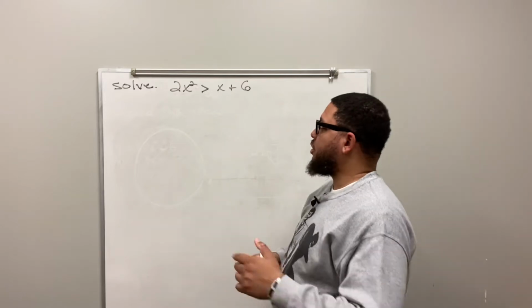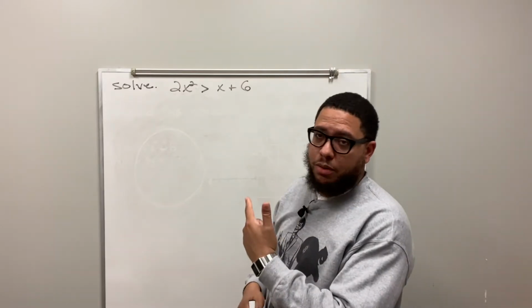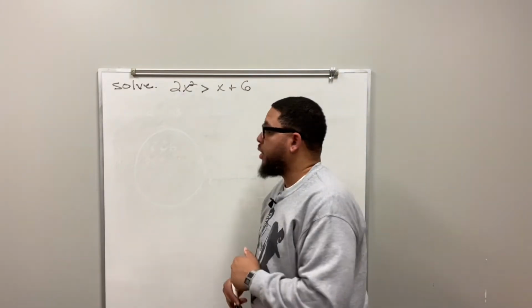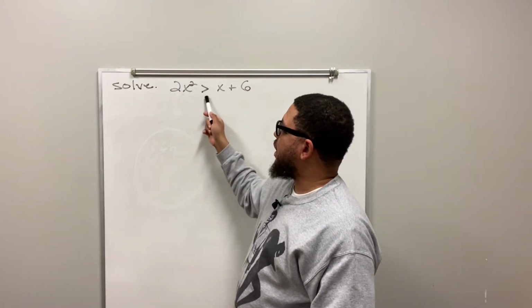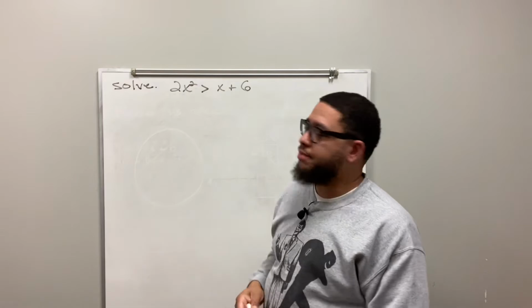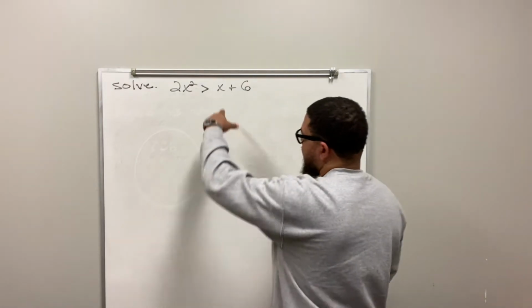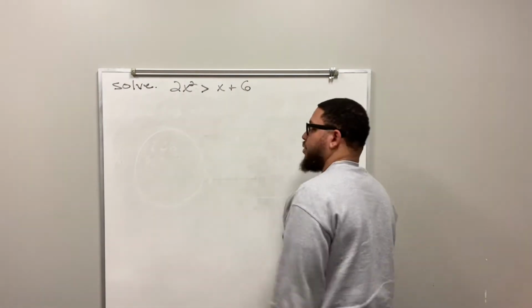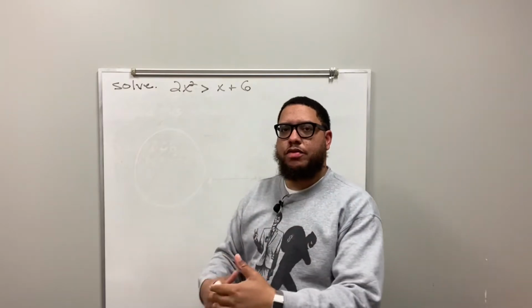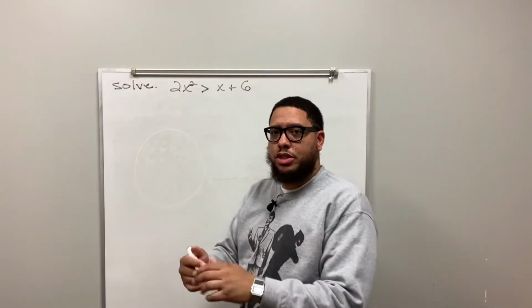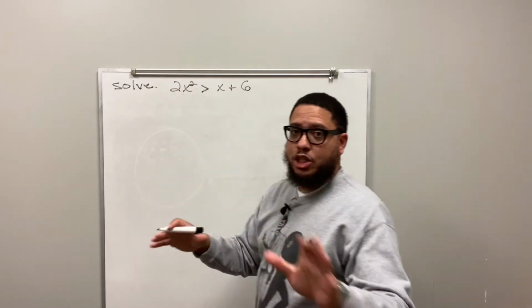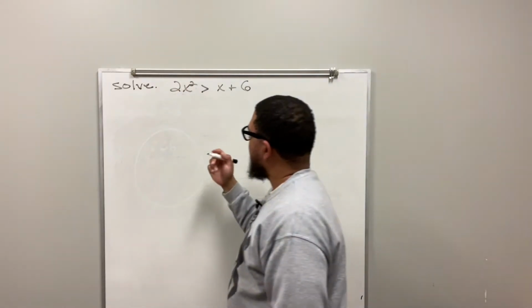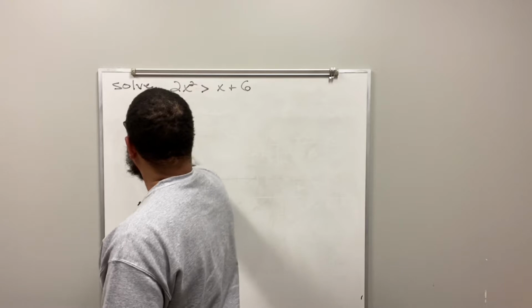All right, now, first step, we need to put this in standard form. This is not in standard form. Standard form means that all your terms are on the left side of the inequality sign, and you only have a 0 on the right. So I'm going to slide this x and this 6 over to the left, but I'm still going to have the terms in descending order according to degree. My 2x squared has the biggest exponent out of all three of these terms, so I'm going to write the 2x squared first.